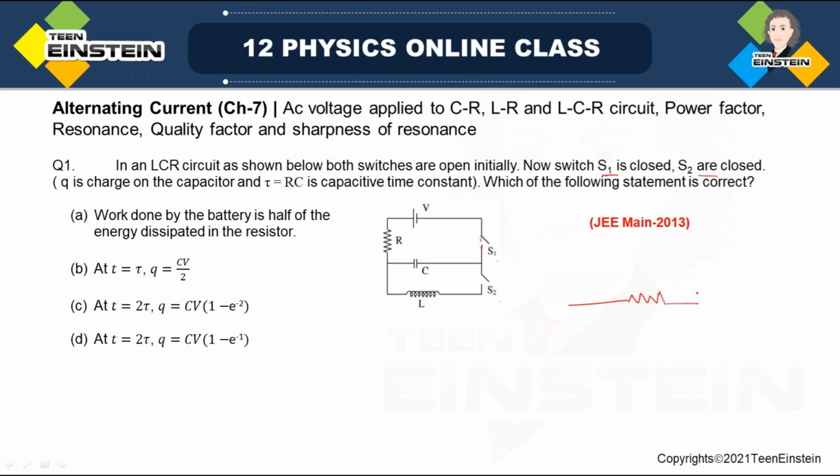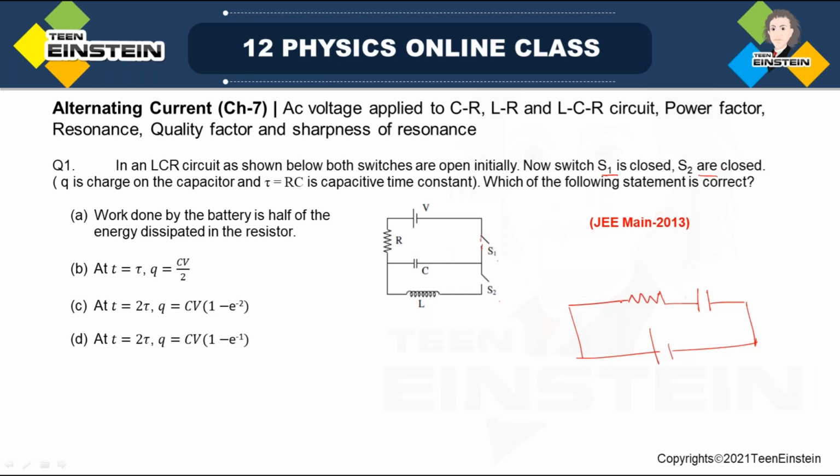That means you have a CR circuit now. You know that this is a CR circuit, and it is actually DC voltage applied to CR circuit. What will happen? This is actually a charging circuit or charging configuration of a capacitor.